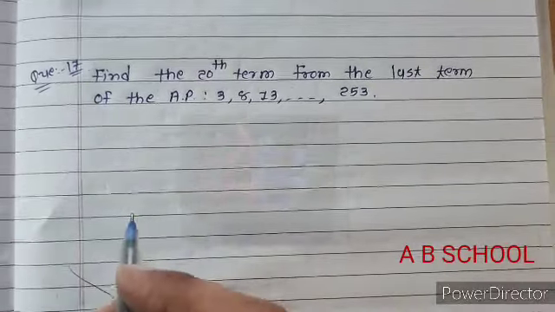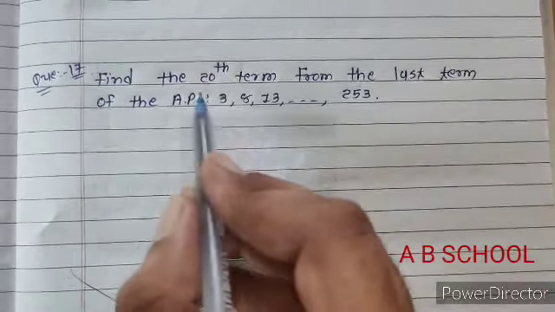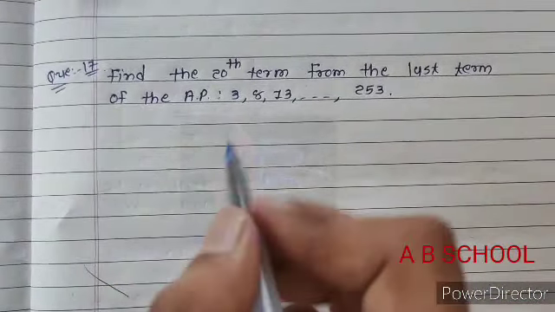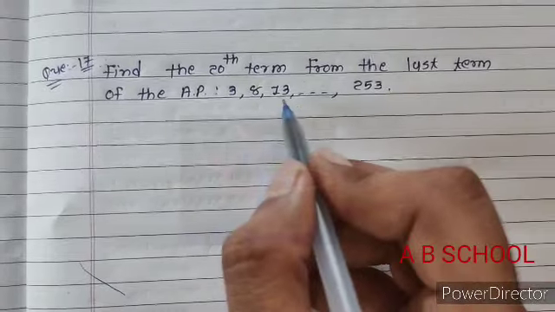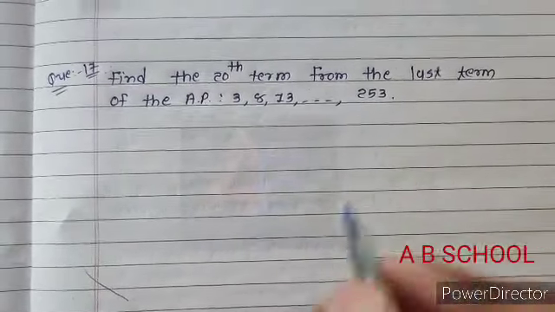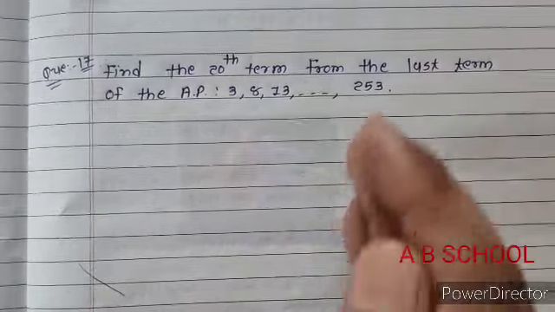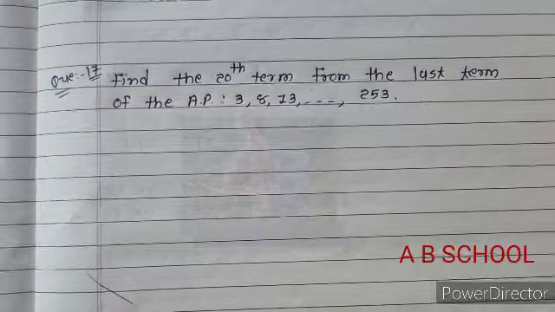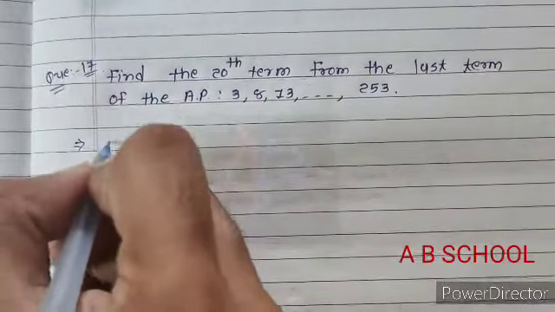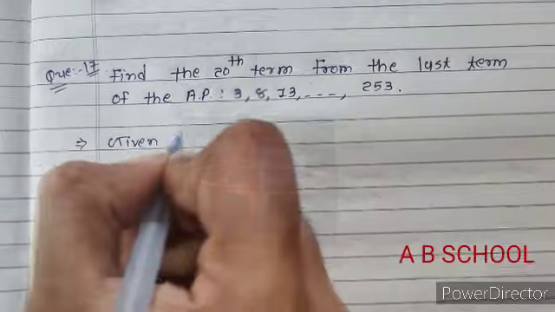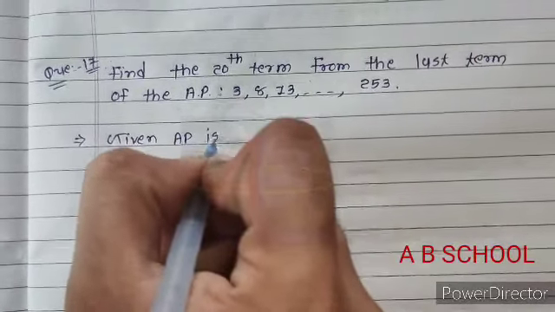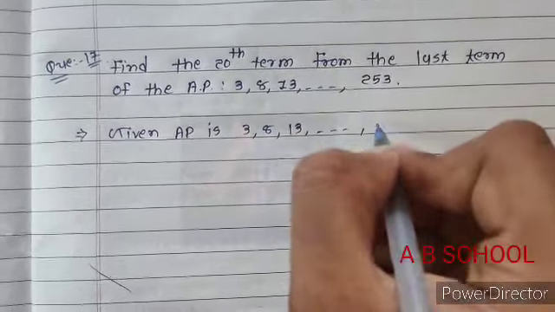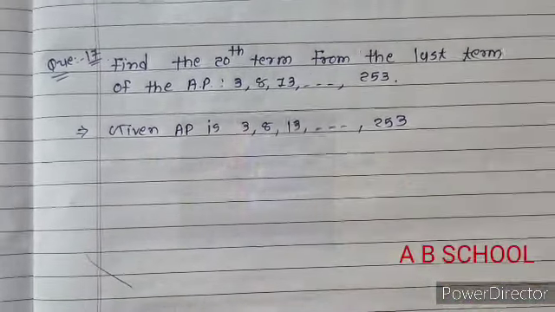Now question number 17. Find the 20th term from the last term of the AP 3, 8, 13 and so on up to 253. We have to find which term is the 20th from the last term. So the given AP is 3, 8, 13 and so on up to 253.